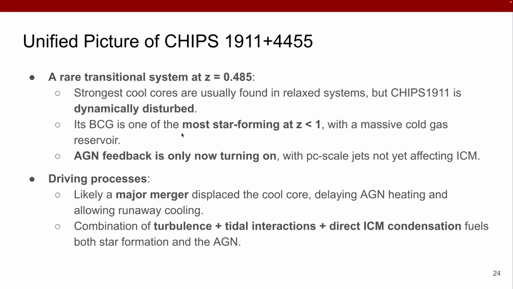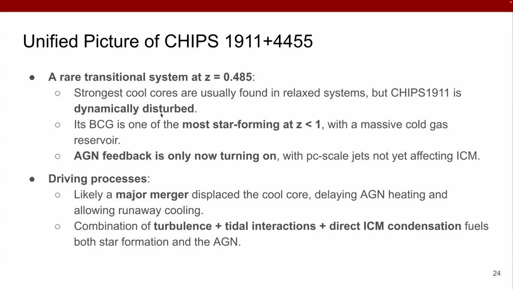We learned that the BCG has a really high star formation rate, almost one of the highest BCGs at redshift less than 1. And we learned from the radio that the AGN feedback is just about to turn on, with a very young AGN with a really small, millisecond scale jet that has not affected any ICM temperature yet.